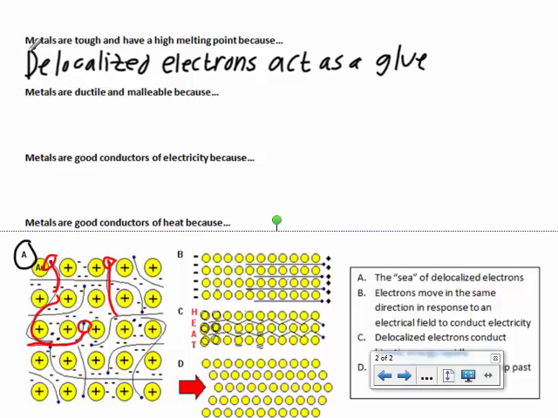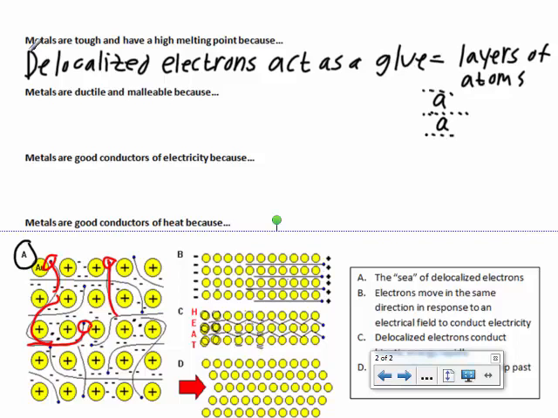So what that means is we get layers of atoms that are kind of sandwiched between each other. So you kind of have an atom and then the electrons there. You have another atom and the electrons there, and they're all glued to each other.